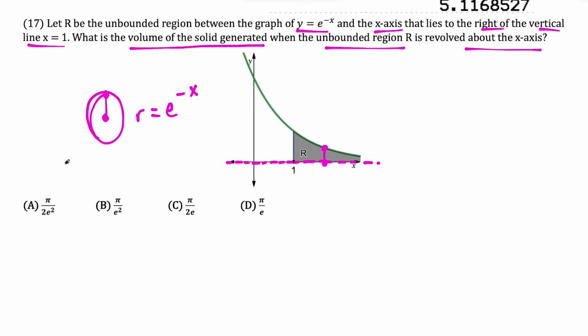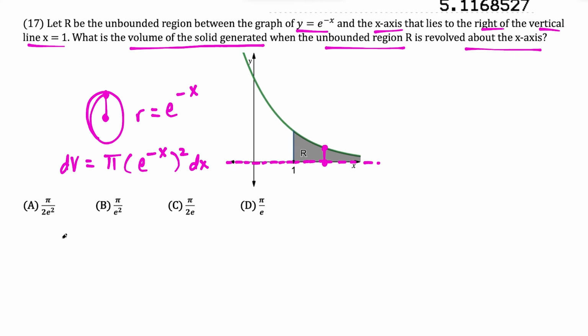So here, if we had to describe the volume of a single cross-section, the volume of the single cross-section is pi times the radius squared dx, okay? So it's pi r squared dx, but I'm going to make the substitution. For r, we're going to have r is equal to e to the negative x.